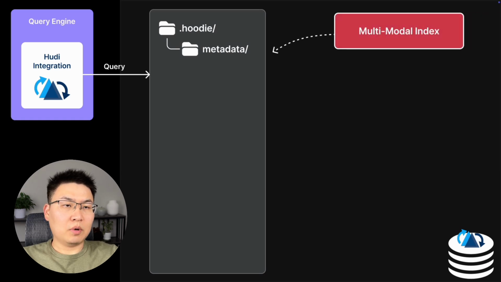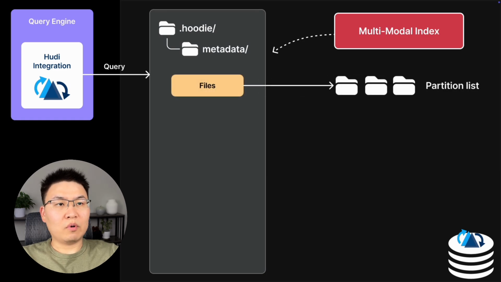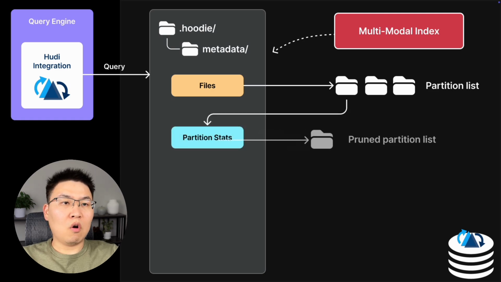The metadata table contains many different index components. That's why we call it the multi-modal index. Files is the index that provides partition and file lists. It will first return a list of partitions available in the Hudi table. Obviously, not all partitions are relevant to the query.